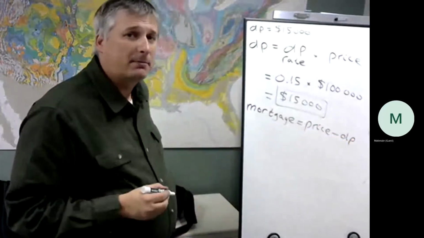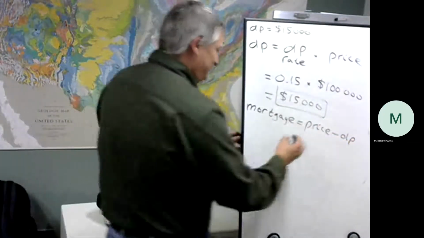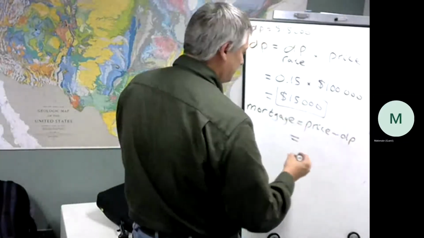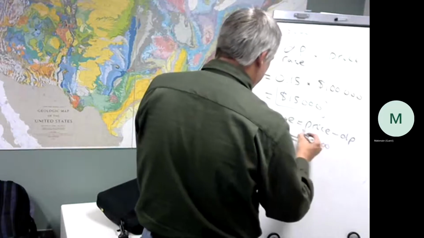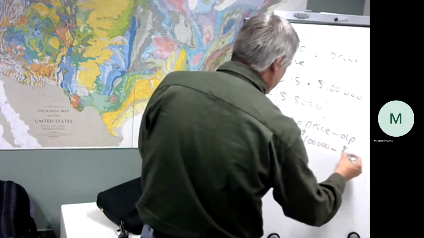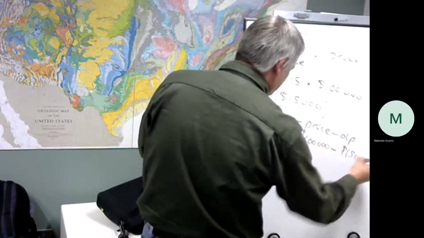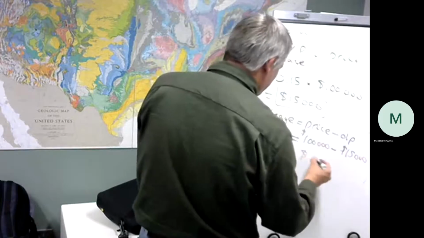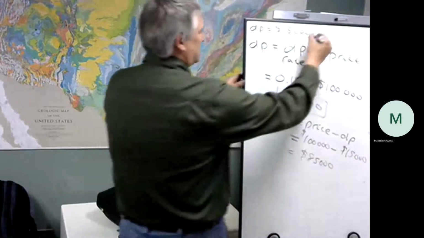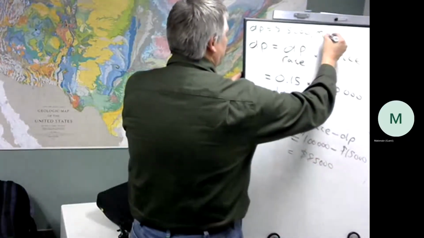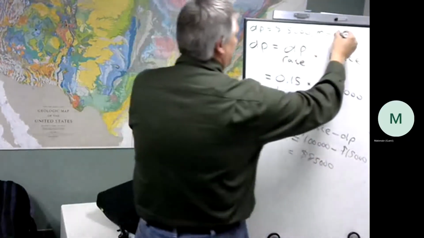You have to subtract the down payment first to get the mortgage. And so that'll be 100,000 minus 15,000, or 85,000. So I'm going to put up here that the mortgage, I'll call it M, is 85,000.